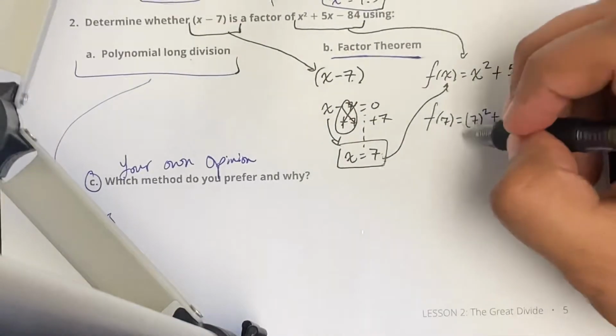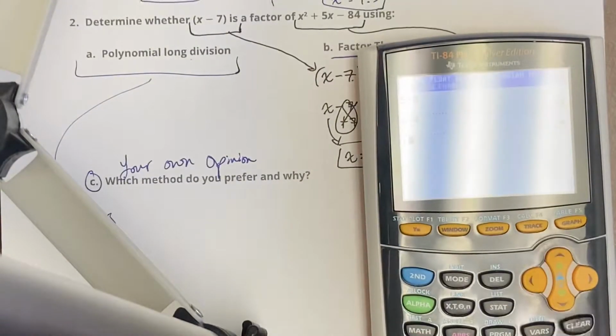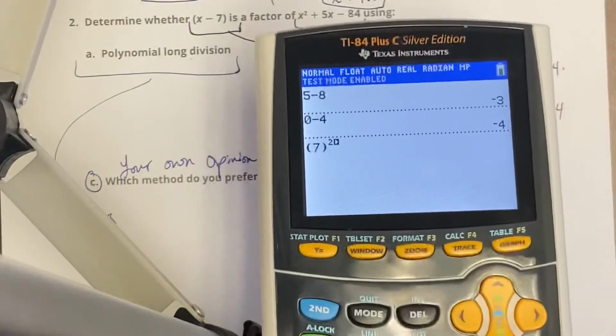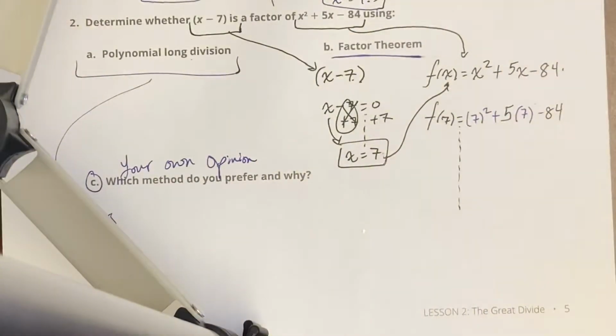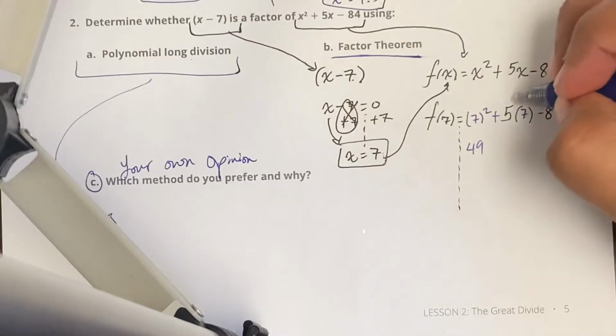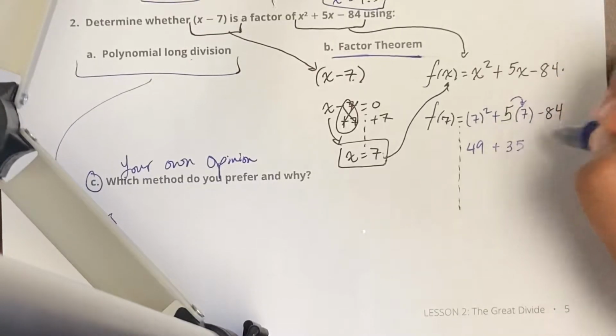Let's work it out. 7 squared is 49. Oh, I said the answer already. I always do that all the time, and I hate it. 7 squared is 49. Gonna write that out real fast. 49. 5 times 7, that is 35, minus 84.